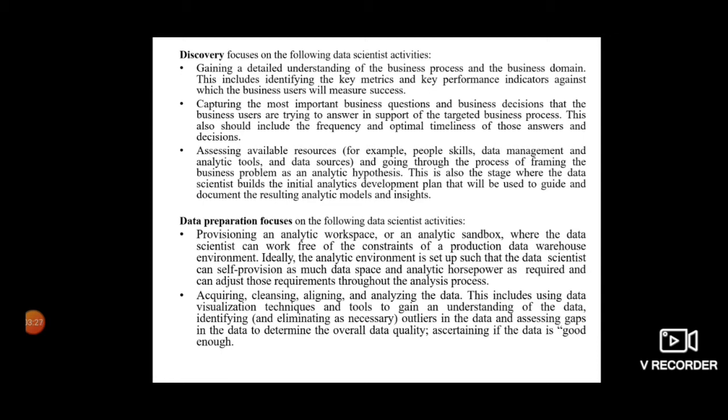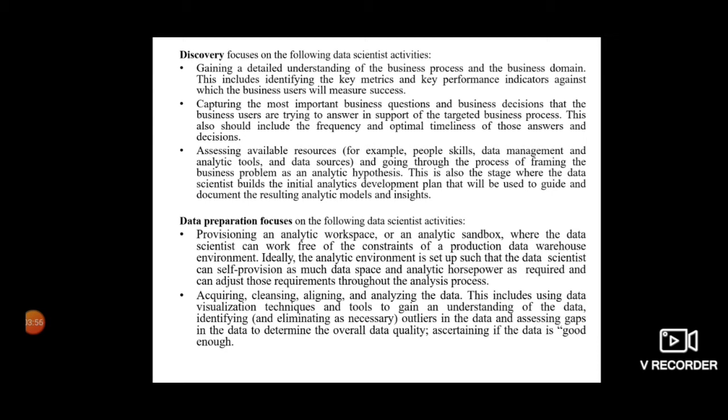The business intelligence analyst also works in coordination with the data scientist. The requirements and decision making environment of business users can be well understood by the business intelligence analyst to start the data scientist's analytics development plan.